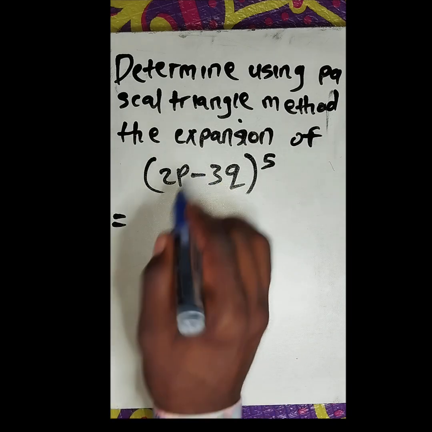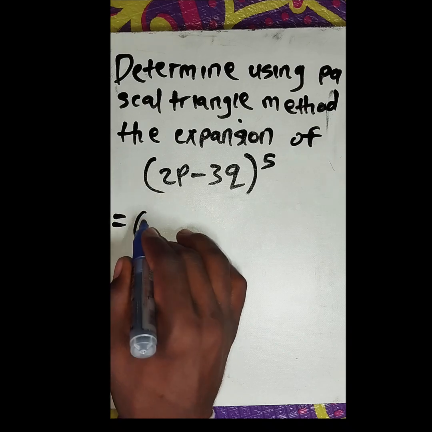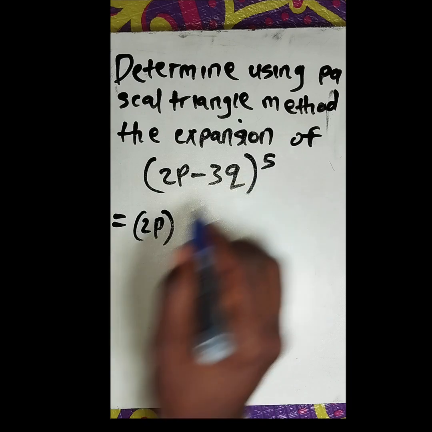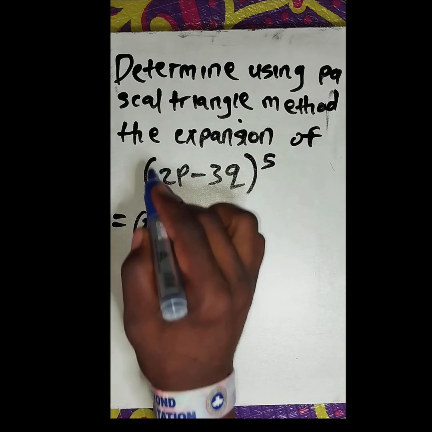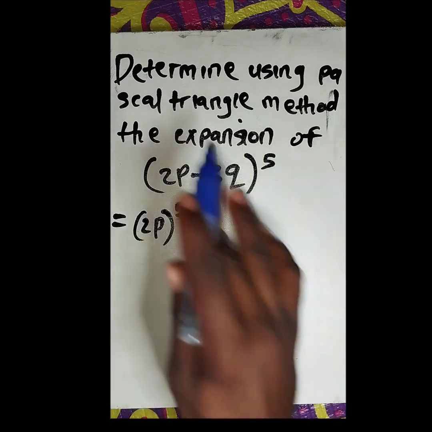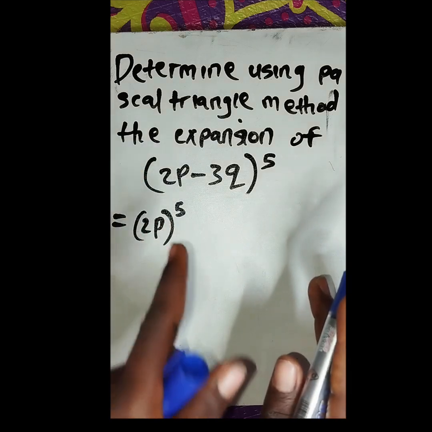Now, you write 2p in a bracket raised to the power of 5. Your first term will always carry your power. This is the Pascal's triangle method, the binomial expansion. This is not a normal expansion, okay?